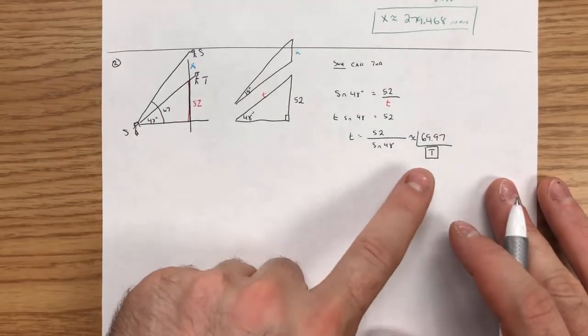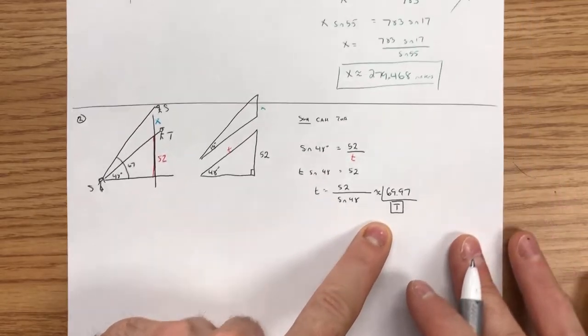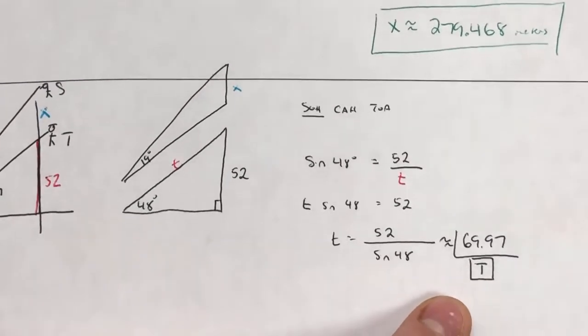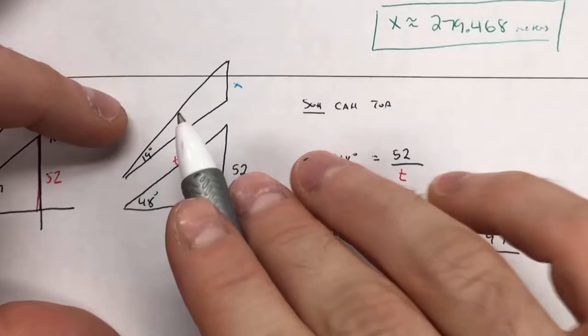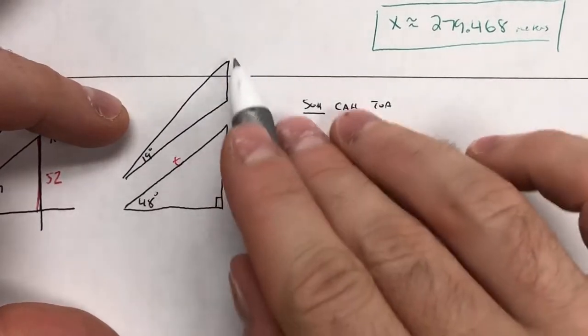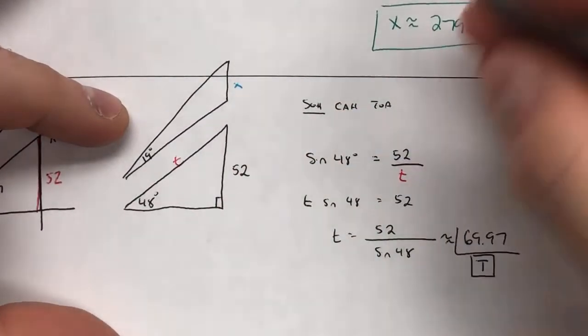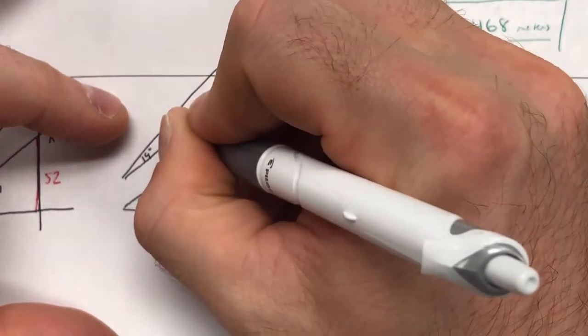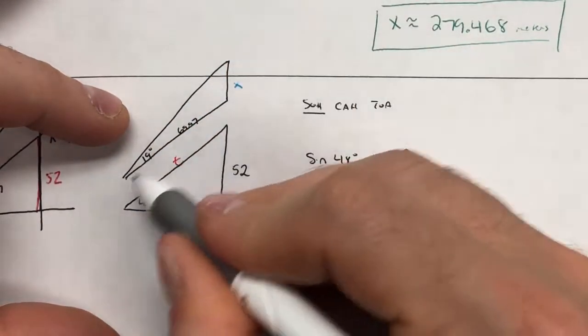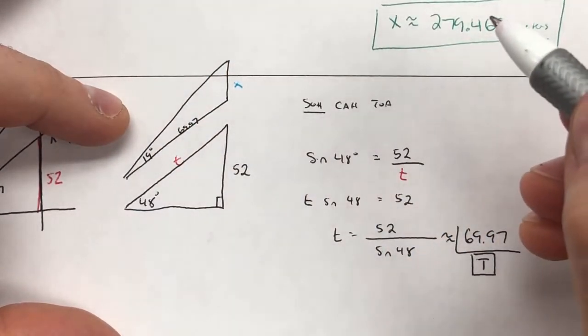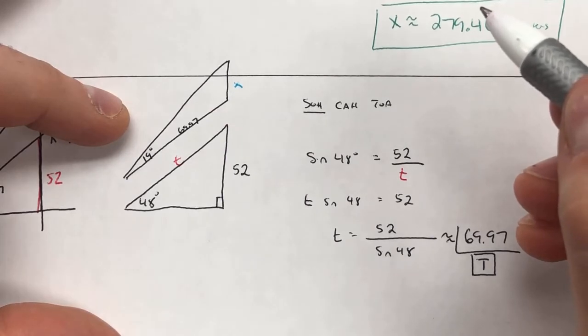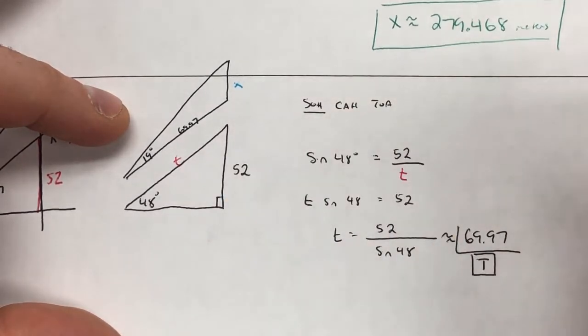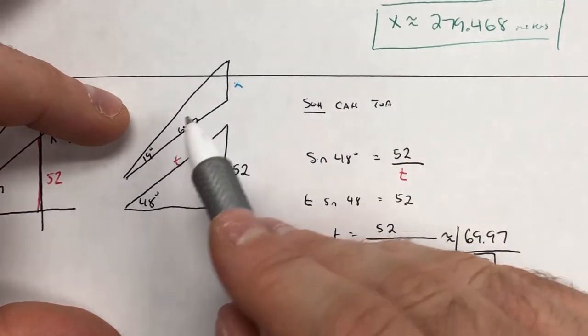I know which variable I've stored in my calculator. So on the triangle that I'm focusing on, this triangle right here, I know that this is roughly 69.97, I believe it was meters. Where are we looking at? We're looking at feet, 69.97 feet. Okay, so I've got something to go on.